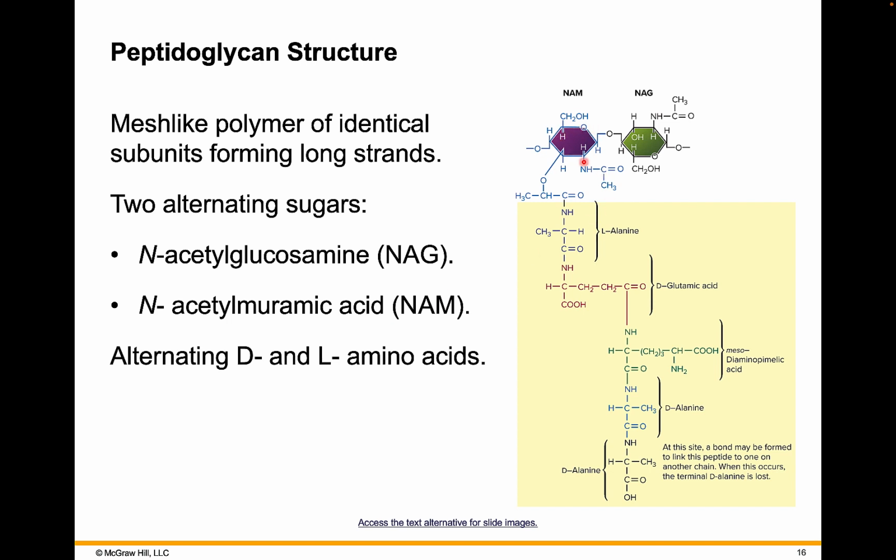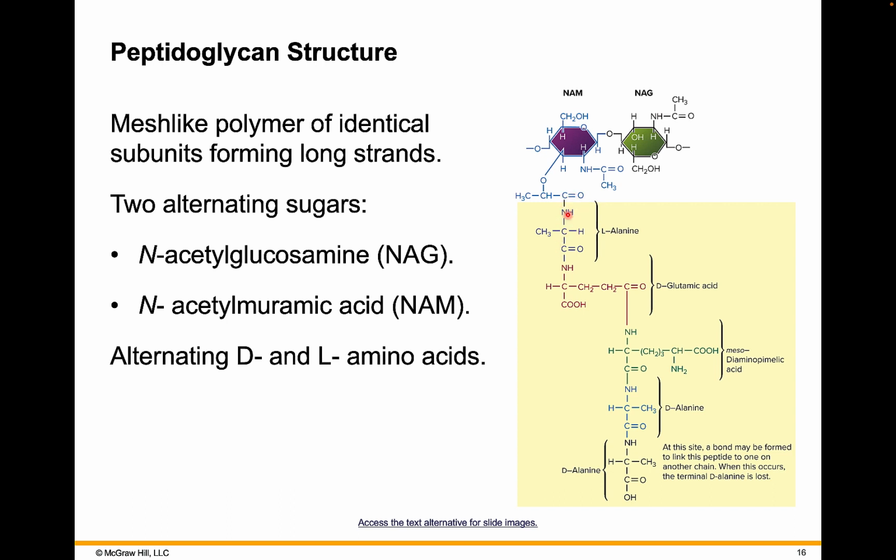So let's take a look at this. You can see that the basic block is derived from glucose. At the third position, you have CH3-CH-C double bond O-O minus, which is a COO minus.